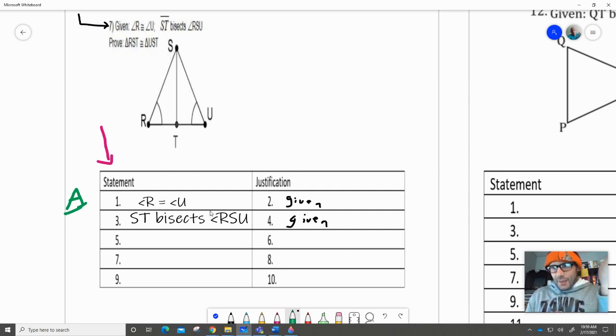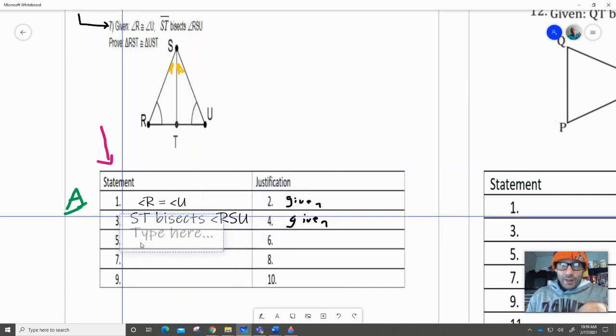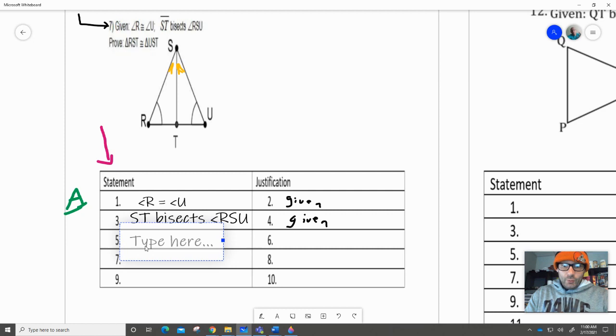By the definition of bisect, if we have an angle that gets bisected, it gets cut into two equal pieces. The equal pieces right there would be those two things, RST and UST. That's what we can say next, and we can only do that because we are already given the information that ST bisects angle RSU. Okay, so we can write angle RST congruent to angle UST.